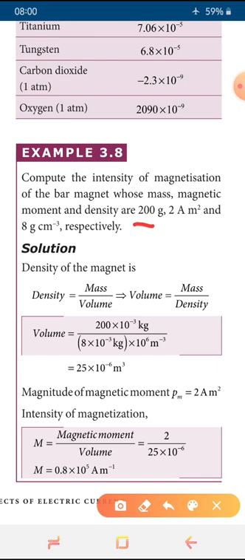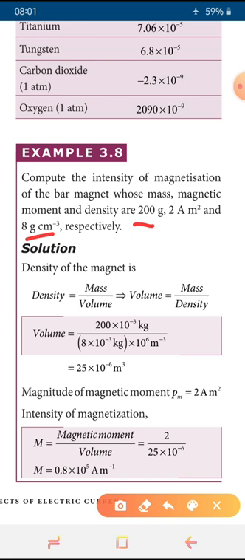Then what is the density here? It is very clear, 8 gram per centimeter cube. It is also in gram, so we have to convert into kilogram by multiplying with 10 power minus 3. So 8 into 10 power minus 3 kg. Then there is centimeter power minus 3, which should be converted into meter. 1 centimeter can be written as 10 power minus 2.